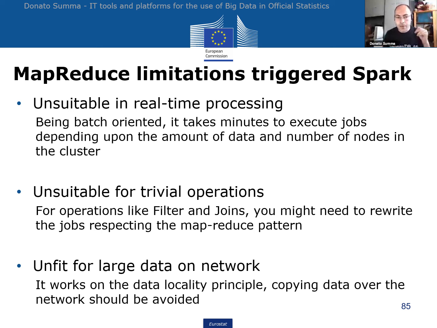The third MapReduce limitation is that MapReduce is unfit for large data on network, because it works on data locality principle. So you should avoid as much as possible to copy data over the network.